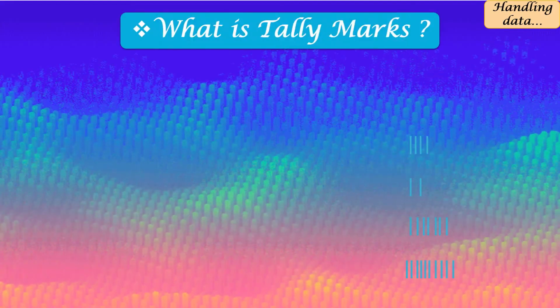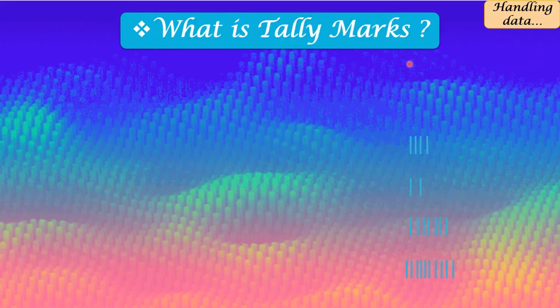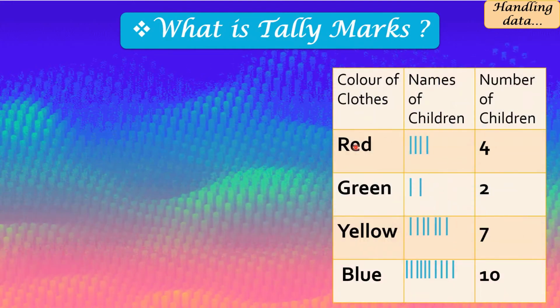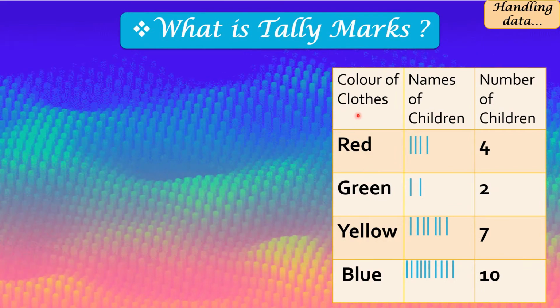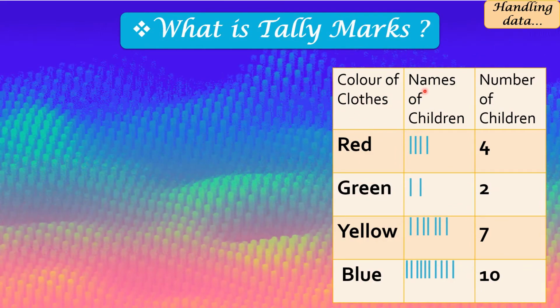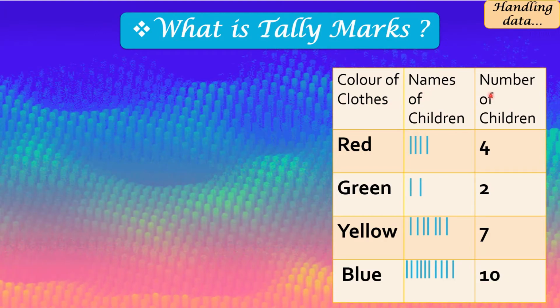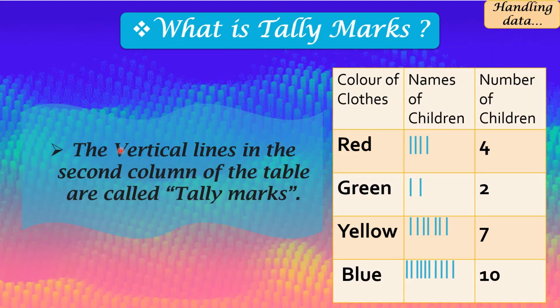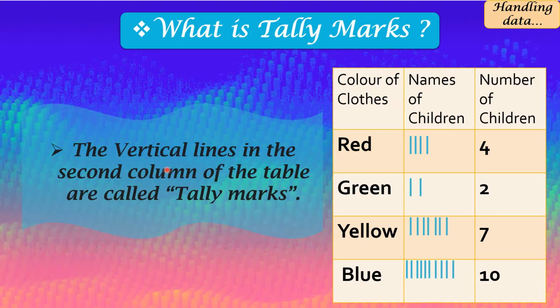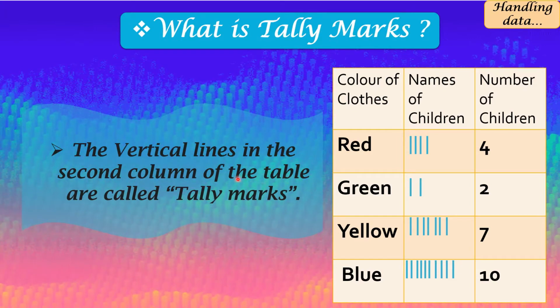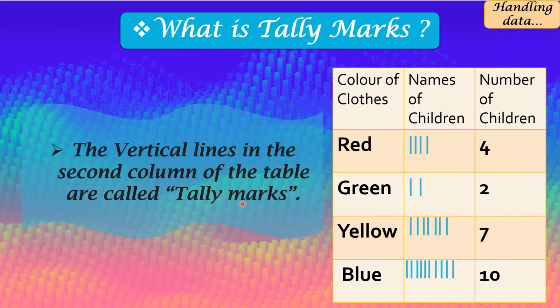Now here, what are tally marks? Student, let us see the meaning of tally marks here. Here you can see the table. In this table, the first column is color of clothes, the second is names of children, and the third is number of children. And here is the meaning of tally marks. The vertical lines in the second column of the table are called tally marks.